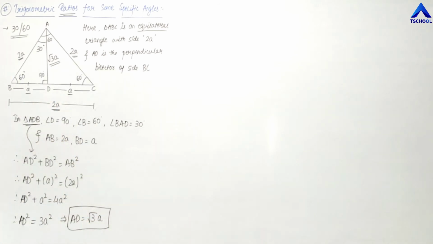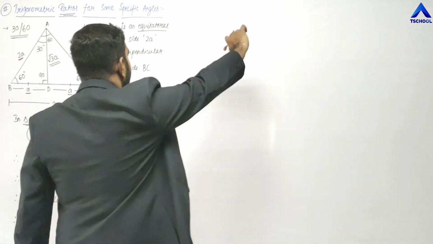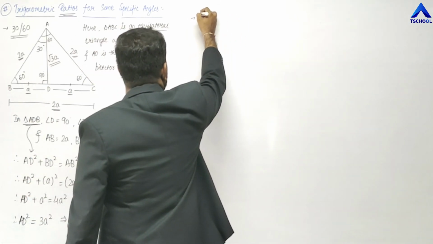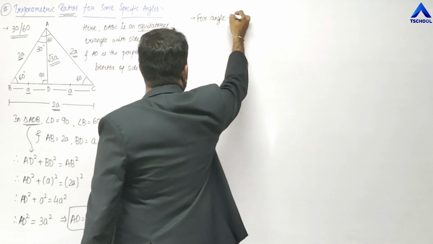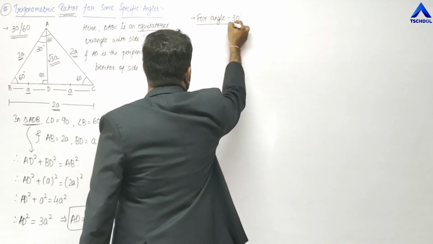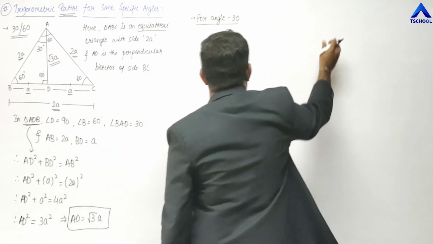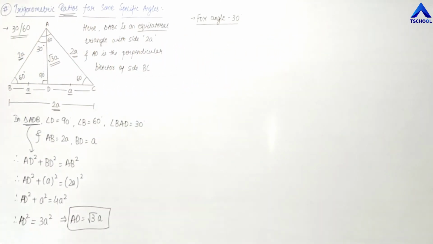Okay, now we need to find the ratios. So we will take out for angle 30 and then we shall write down for angle 60. So for angle 30 we have this side.